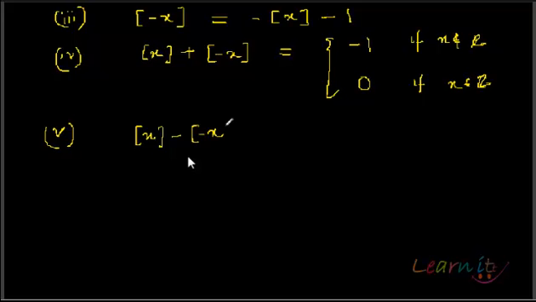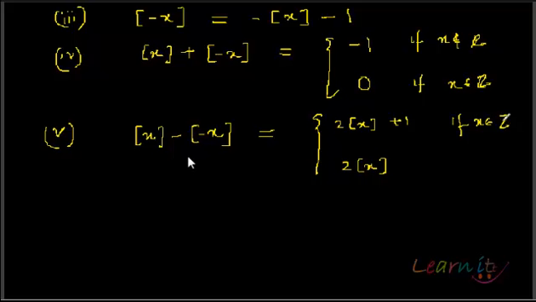It's minus 1 when x is not an integer. And if you're subtracting, then what you get is 2x plus 1 if x is not an integer, and it is only 2x when x is an integer, or 2 into the greatest integer function x. That's what I mean.